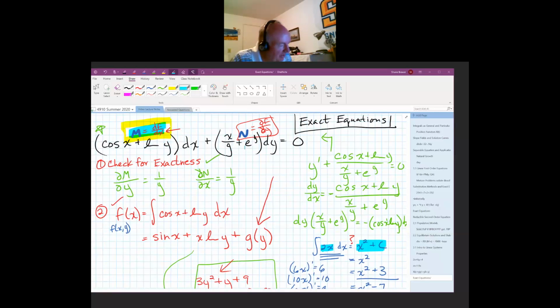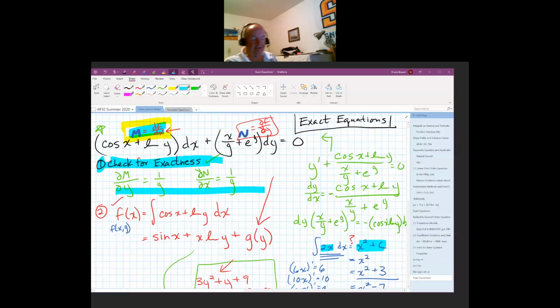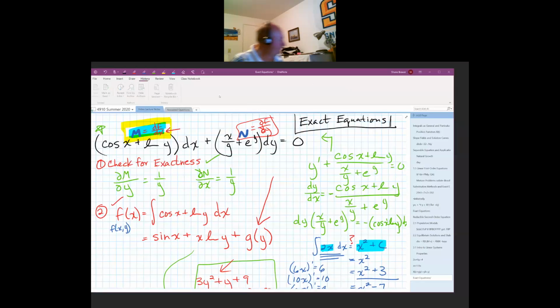And if it's not homogeneous and it's not the basic substitution we did before, you're kind of left with hoping that exact is the method. But you can test right here. Step 1 is an immediate quick test to tell if it's going to work or not. Okay, thank you.